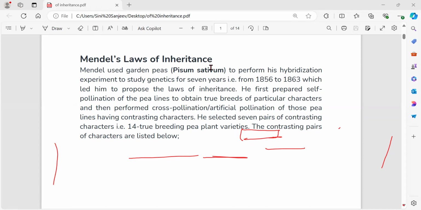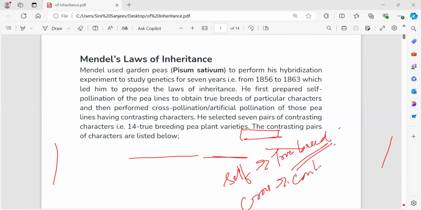Whereas cross-pollination means whatever desired characteristics you want, you can incorporate into that particular plant. In self-pollination, whatever you get is a true breed, with no combinations or hybrids. But when you do cross-pollination, you get the characteristics which you need, and they will be contrasting instead of similar.